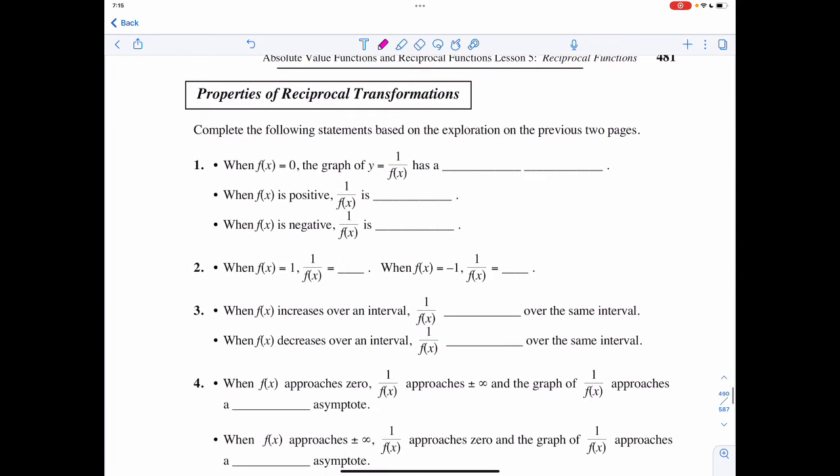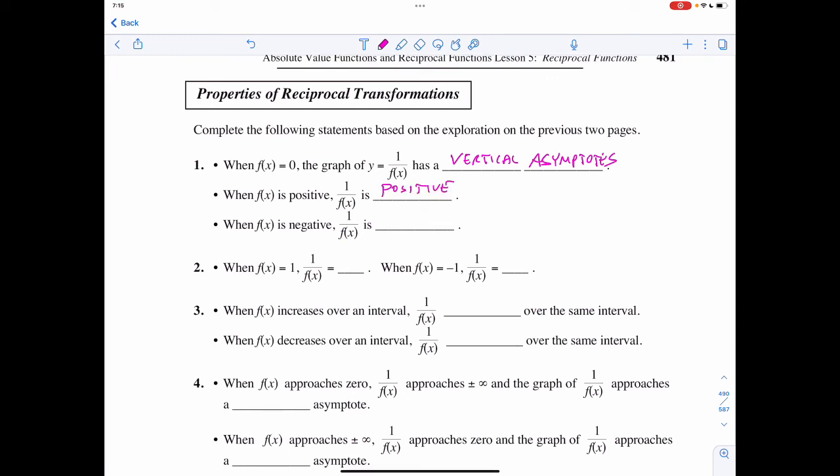So let's do a quick breakdown of the properties. When f of x is equal to 0, then the reciprocal is going to have vertical asymptotes. When the original function is positive, the reciprocal is positive.